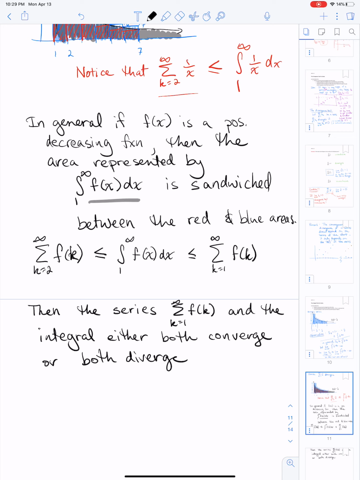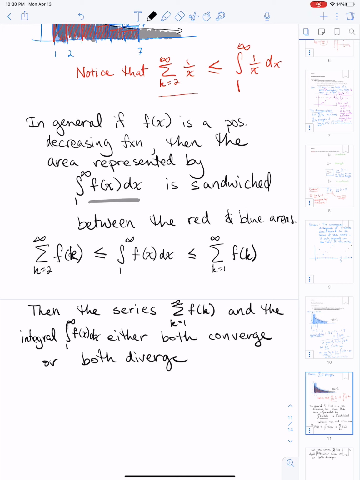Okay, I didn't put in here the series and the integral from 1 to infinity of f of x dx. Either both converge or both diverge. So let me just recap why that is.